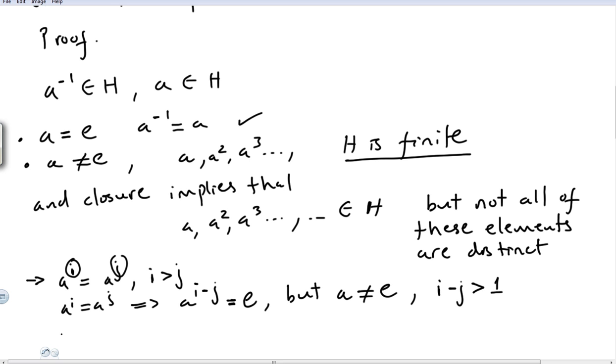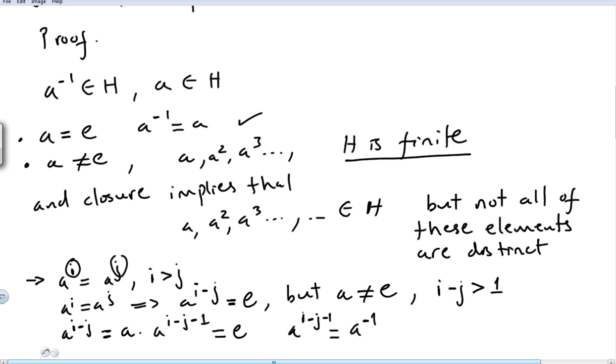So a to the power of i minus j equals a times a to the power of i minus j minus 1. And this one, of course, will be the identity. So a to the power of i minus j minus 1 will, of course, be equal to the inverse of a.